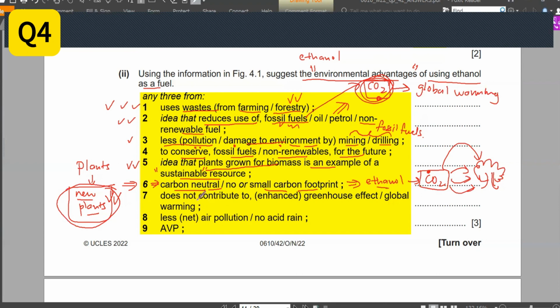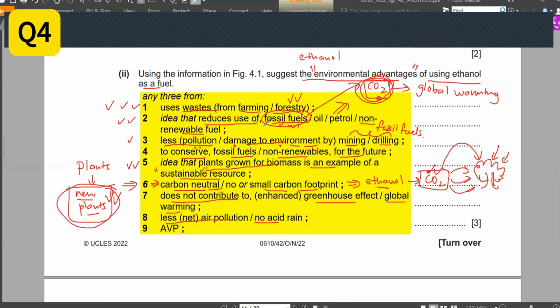Next, because it is carbon neutral, it does not contribute to the greenhouse effect or global warming. So at the same time we produce CO2, at the same time we are planting the new plants to take in the CO2. Less air pollution or no acid rain, because if we use more biofuel, we will use less fossil fuels.